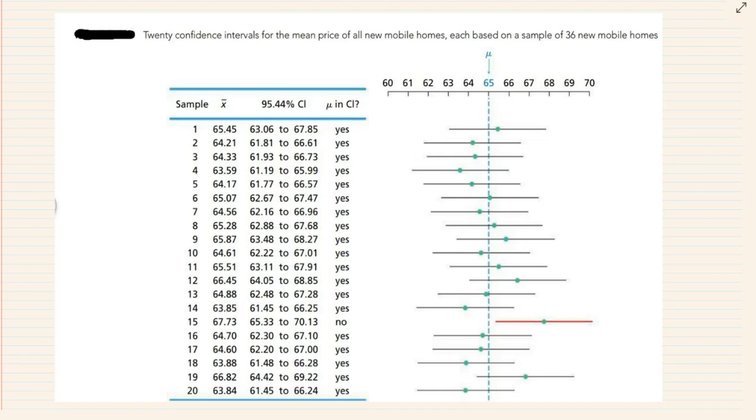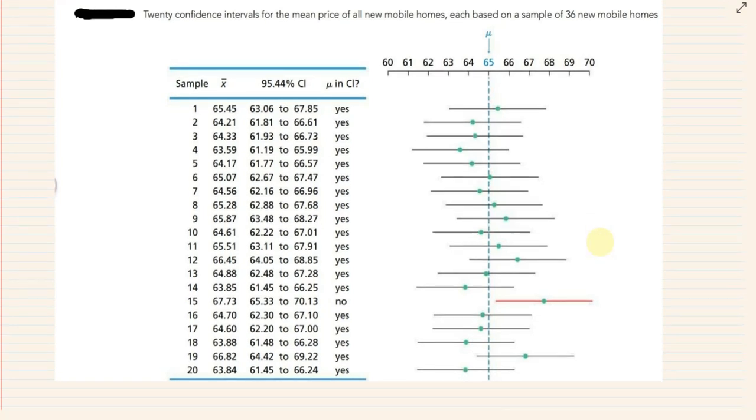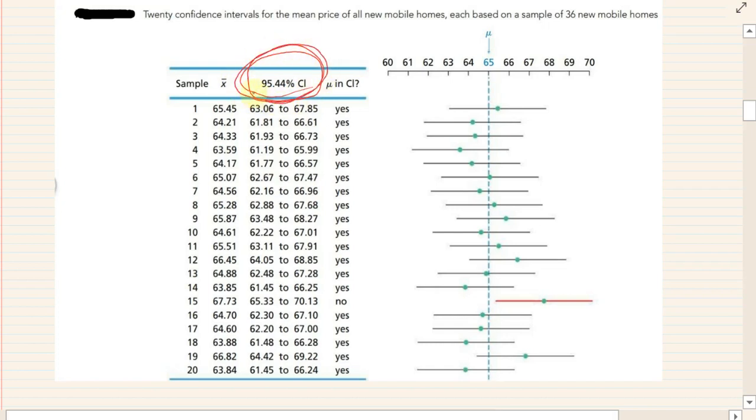So this is the idea of confidence interval. That means if you build these confidence intervals over and over and over and over forever, in the long run, this is a case where we have 95.44%, 95.4% of these confidence intervals will contain the mean.